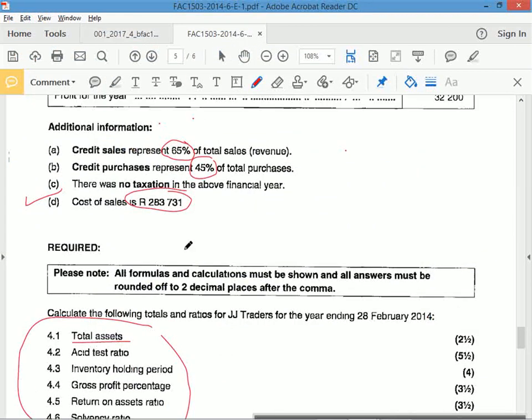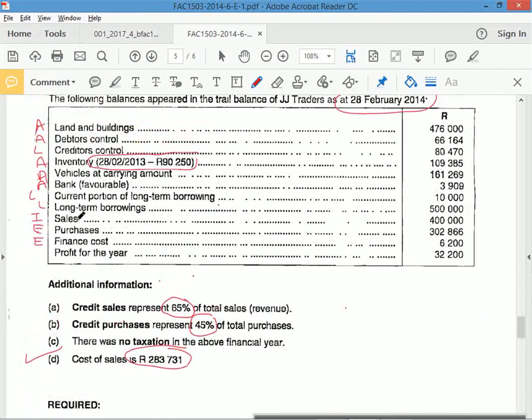Was I given sales here? Yes. Was I given cost of sales here? Yes. Cost of sales and sales. The difference is gross profit, right? Do you agree? Sales minus cost of sales is gross profit, right?